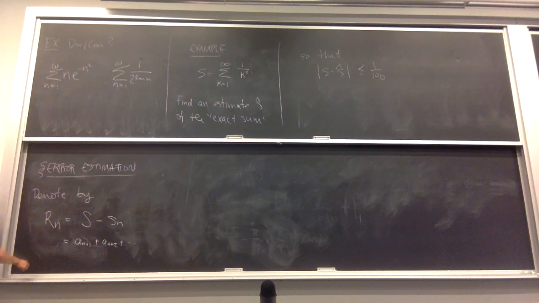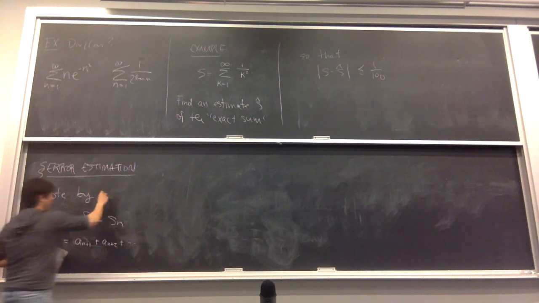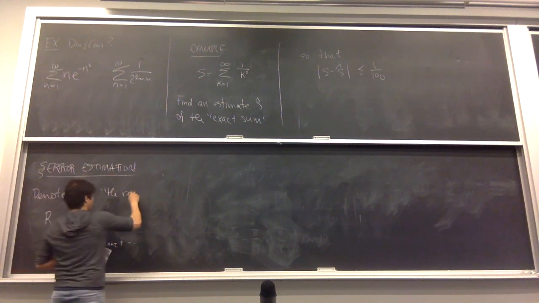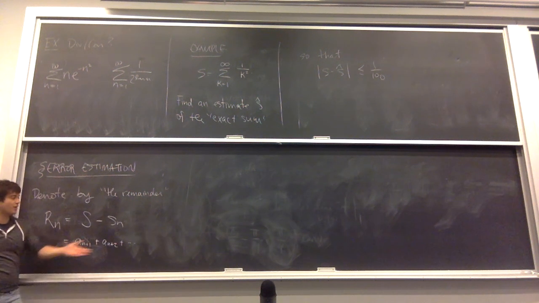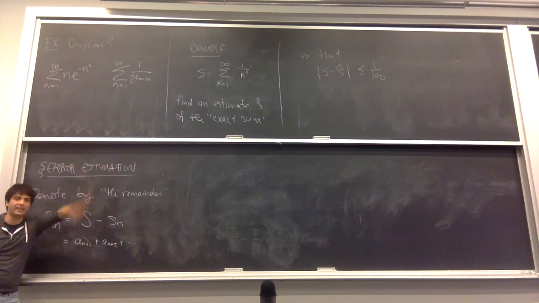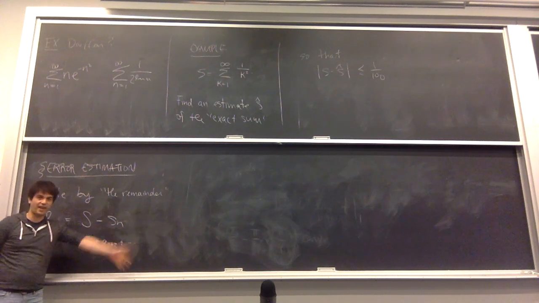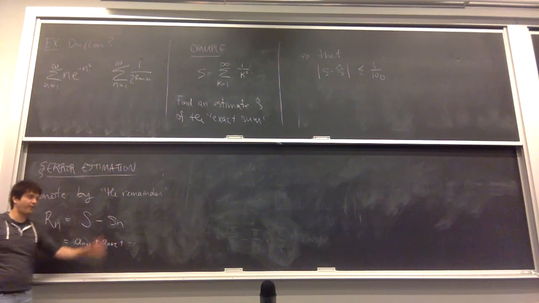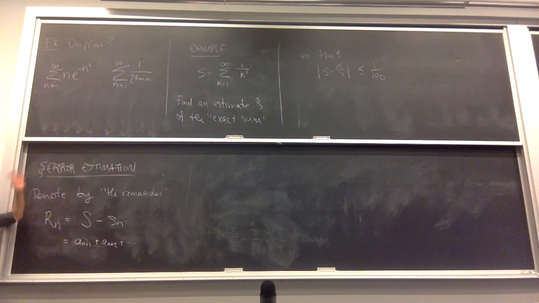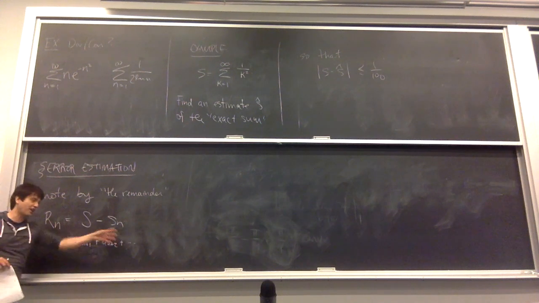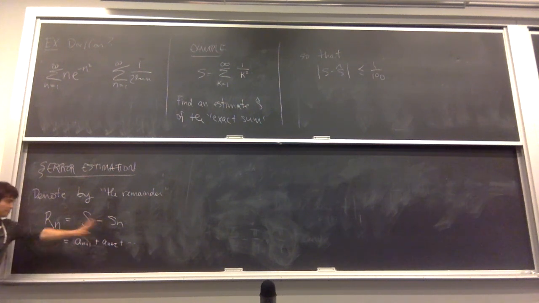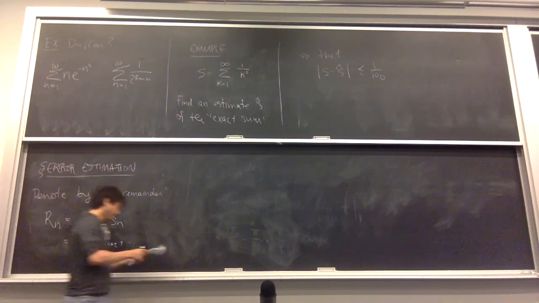So this is something called the remainder. The idea is that you get a computer to compute a partial sum to like 1,000,000 or something like that. And then these are all the terms that you didn't bother adding. And the terms that you didn't bother adding, we can consider to be the error. That's what you've missed. So now let's see if we can figure out how much error we have when we've computed a partial sum with n terms.